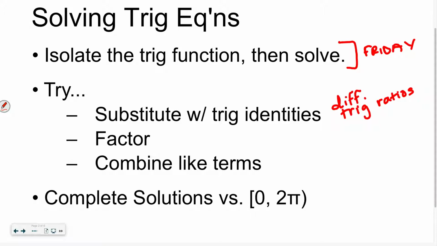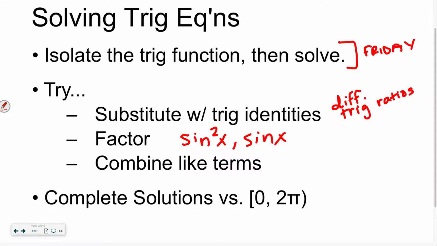You might try factoring. Factoring is a solving method that was introduced to you way back in Algebra 1, and then you really hit it hard in Algebra 2. The first time we learned about factoring to solve is with quadratics. So you're going to learn to factor when you see things like a sine squared x and then also a sine x term in the same equation.